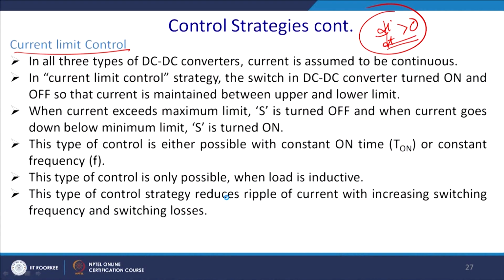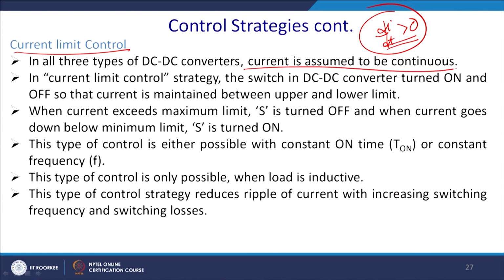But in this case, there is no possibility of damage to the switches, because you are protecting the devices from high inrush current, and you are controlling the current. In all types of DC to DC converter, current is assumed to be continuous. That is our thumb rule.